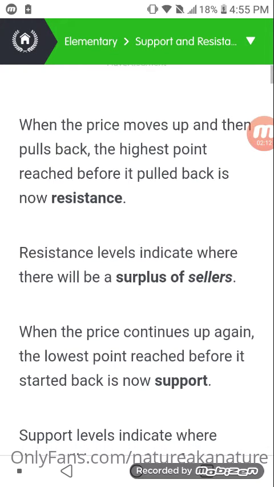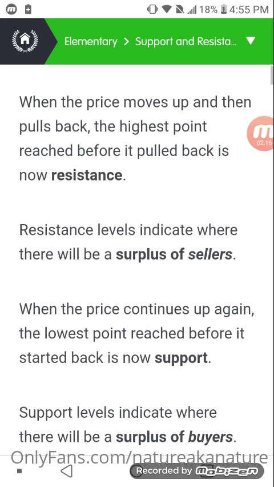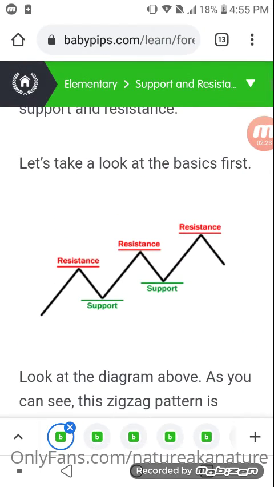When the price continues up again and then hits its lowest point before reaching back up, it's now known as support. When price hits its highest point before going back down, it's known as resistance.